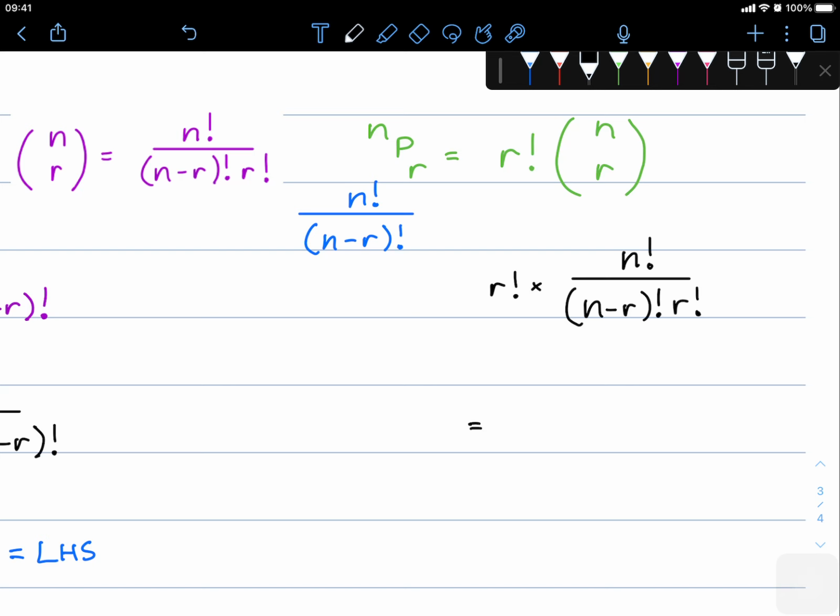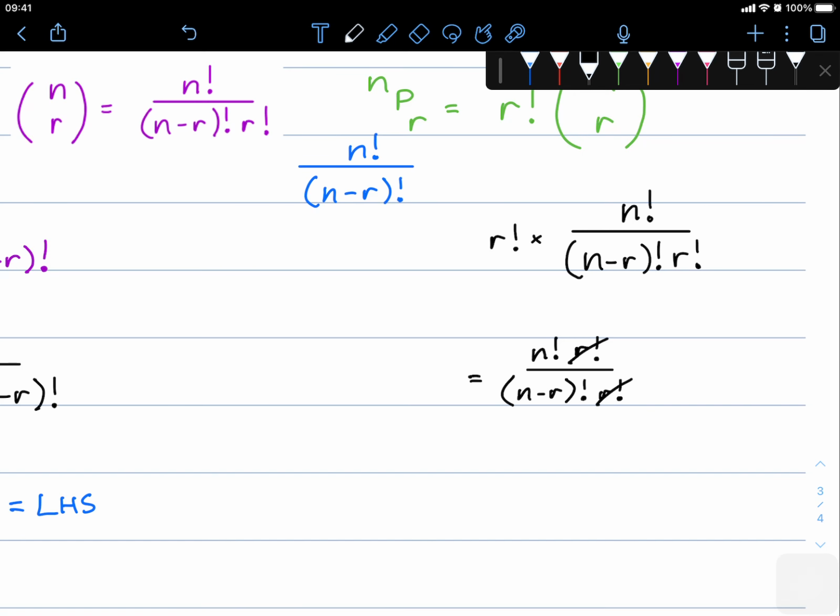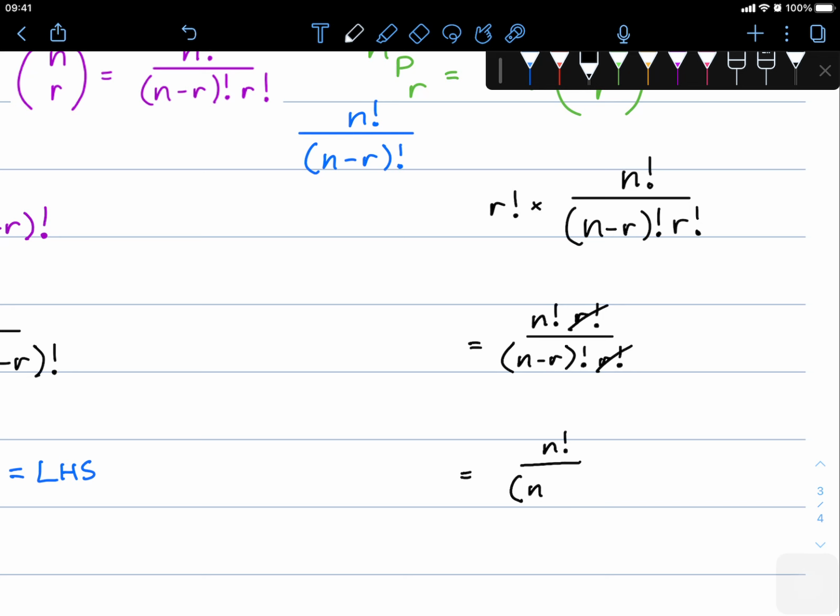If we were to write it out in full, it will become n factorial times r factorial over n minus r factorial times r factorial. That cancels out, leaving us with n factorial over n minus r factorial, which is equal to that left hand side, and we've proved it.